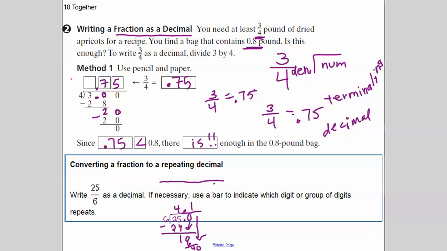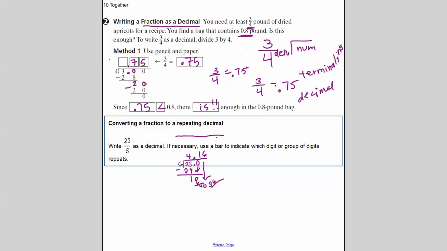Now I have 4. Bring down my 0, and 6 goes into 40 6 times. That gives me 36. 40 minus 36 is 4. Bring down another 0, and it's going to be 40. Do we see a pattern that's developing? What's my answer always going to be down here? I'm always going to be left over with 4, which makes it 40.